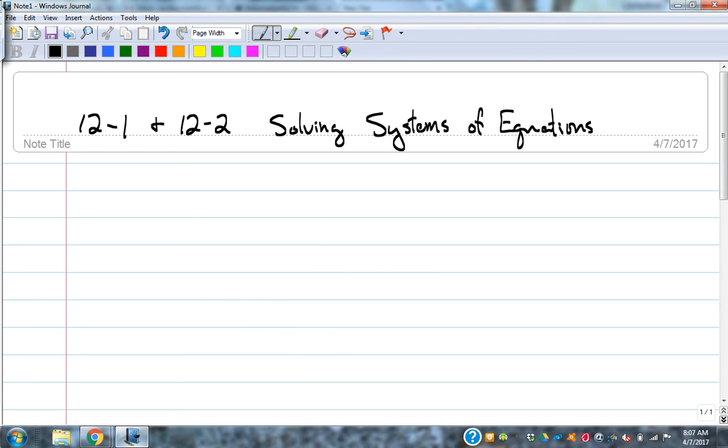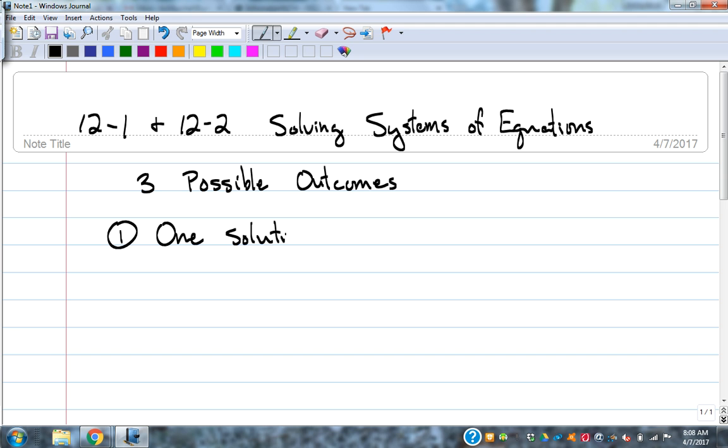All right, when you're solving systems of equations, no matter what method you use or what size the system is, there's always three possible outcomes. The first, most common one, is that you have one solution.